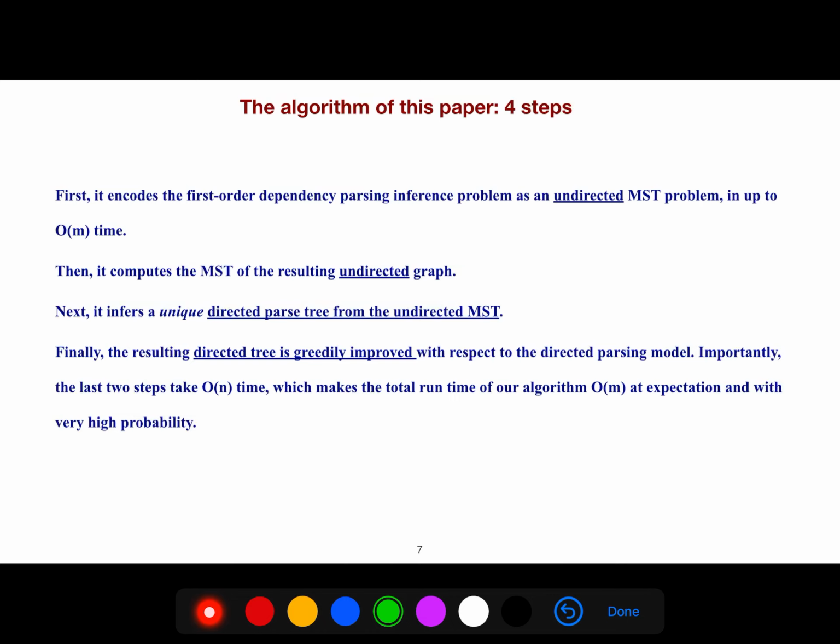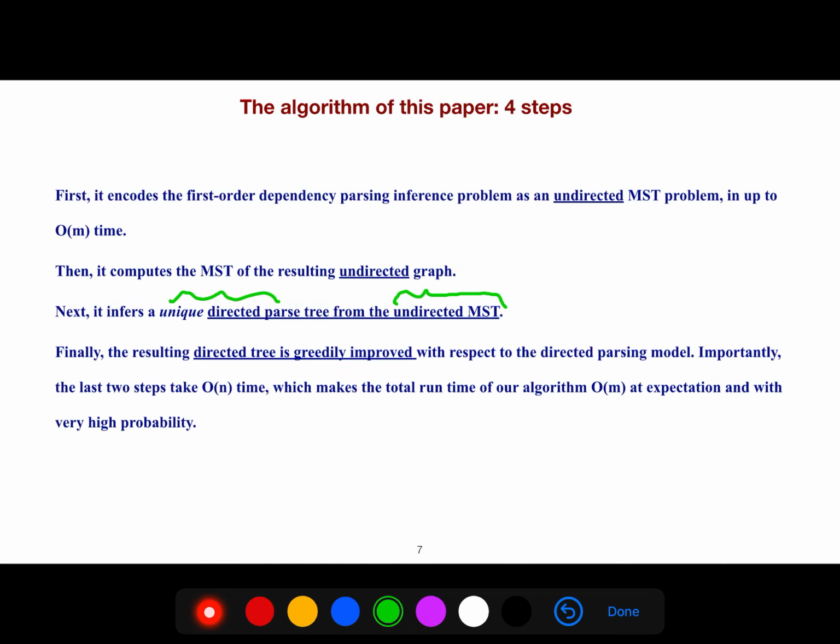The algorithm of this paper has 4 steps. First, it encodes the first-order dependency parsing as an undirected maximum spanning tree problem. Then it computes the maximum spanning tree of the resulting undirected graph. Then it infers a unique directed parse tree from the undirected one. Because you have obtained the undirected tree, we infer the directed one from that.